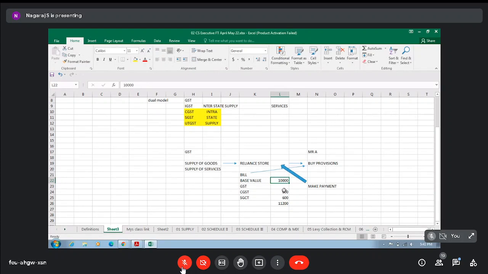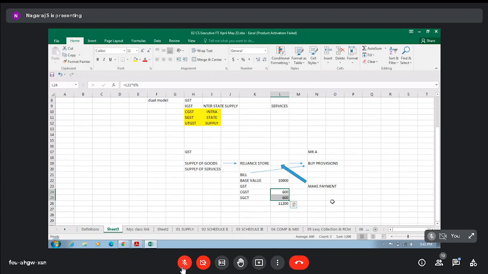For that you will have to pay the GST, 1,200. Whatever you are making the payment, you are making it to Reliance, and the GST portion you are also paying to Reliance stores. Reliance stores will in turn make the payment of this 1,200 to the government.